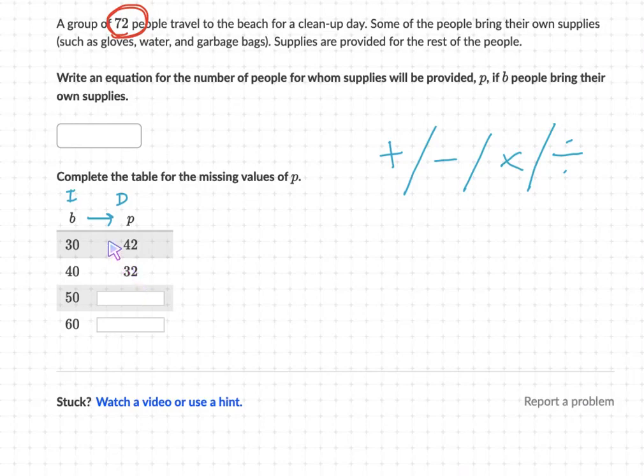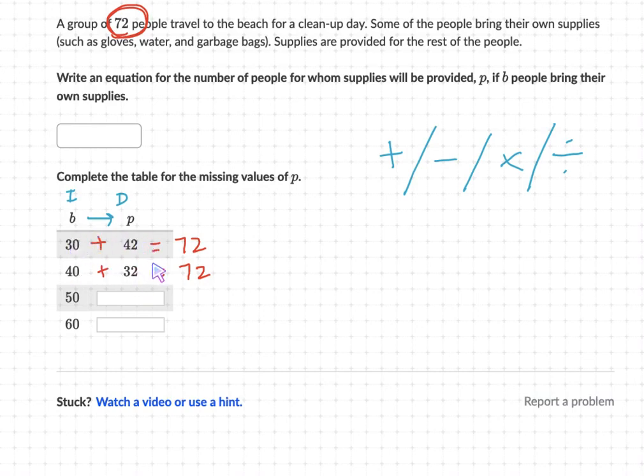You should have figured out that it's 30 plus 42 that'll equal 72. Same thing here, 40 plus 32 equals 72. So it looks like if 30 people brought their supplies, then 72 minus that 30 means 42 people are left over we have to give supplies to. If 40 people brought their supplies, then 40 subtracted from 72 means there's 32 people left that need supplies.